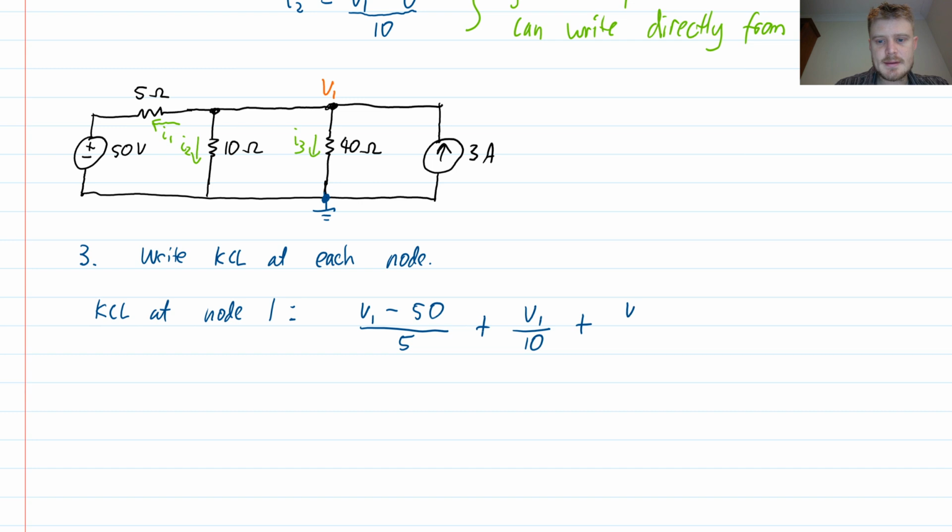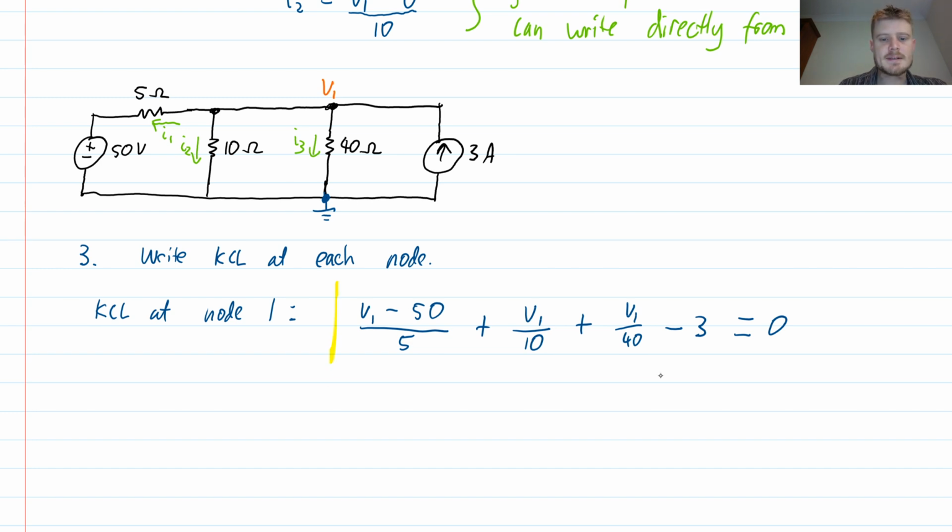The next one is V1 divided by 40, and then the final branch is minus 3. Minus because the current source is entering the node. The order in which I did these subtractions to get these Ohm's law currents was for currents leaving the node. So I just write this down.